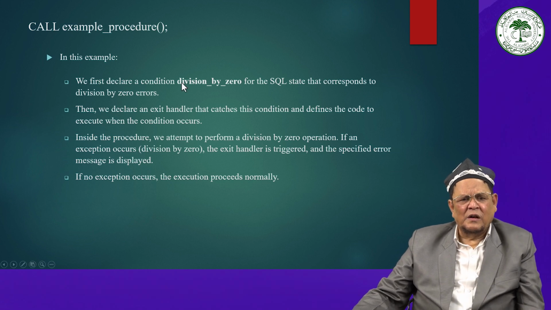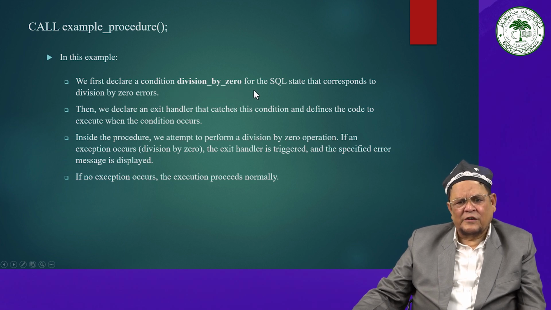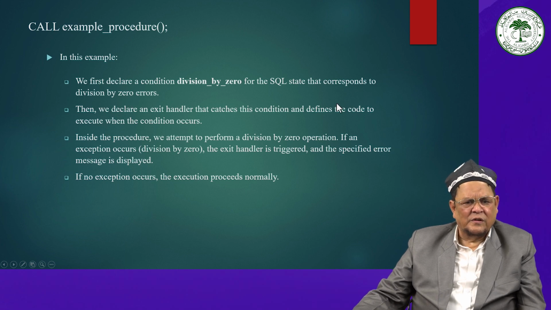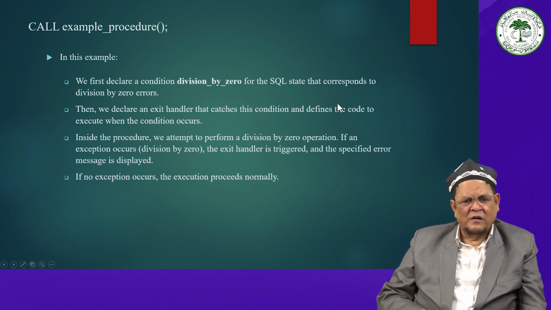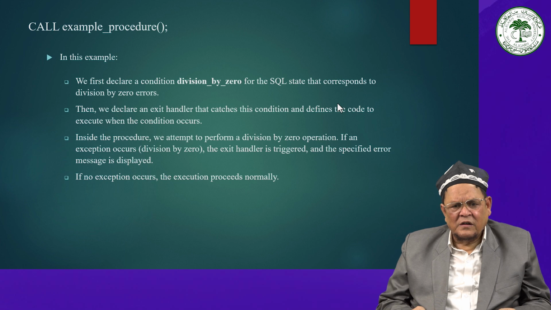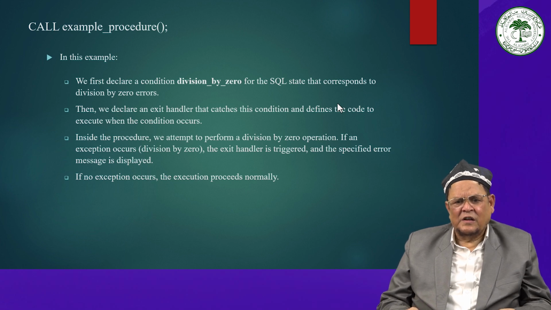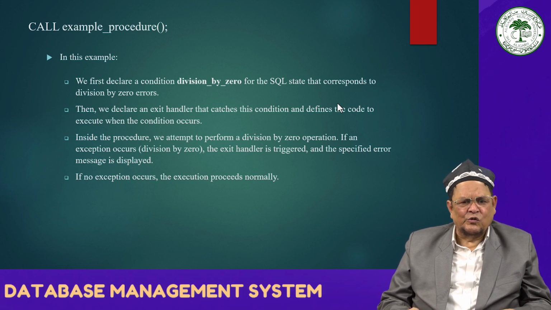In this example, I have given the explanation for that. First we declare a condition, division by zero, for the SQL state that corresponds to the division by zero error. Then we declare an exit handler that catches this condition and defines the code to execute when the condition occurs.